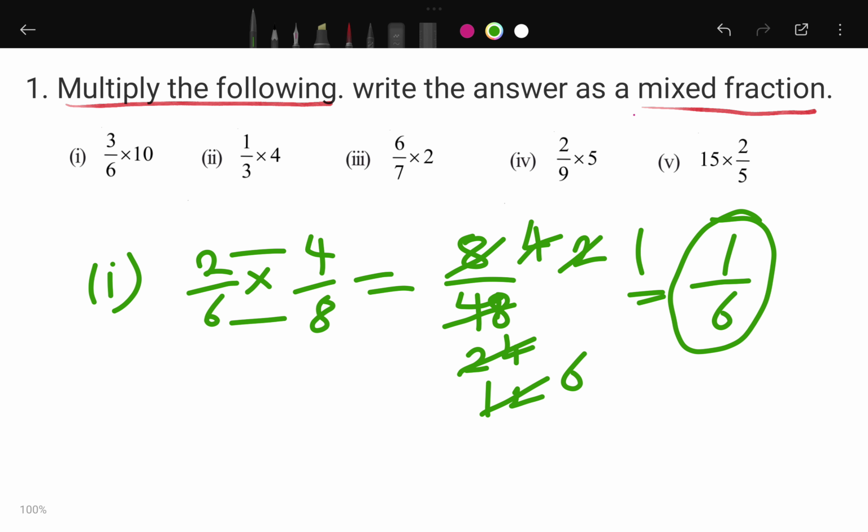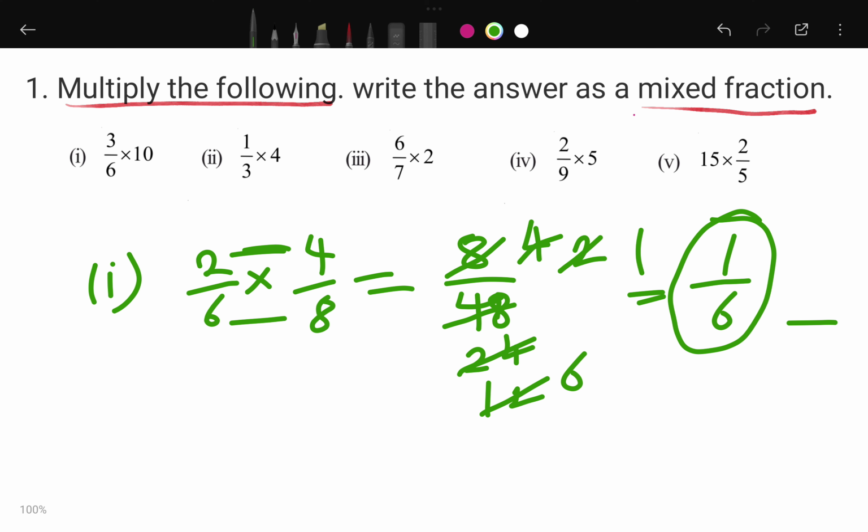When it cannot be divided by any number, then it is our final answer. Here 1/6 is our answer. Lots of students multiply and write 8/40 as the answer, and leave it. This is wrong. When you have two numbers which cannot be divided any further, then it's our final answer.